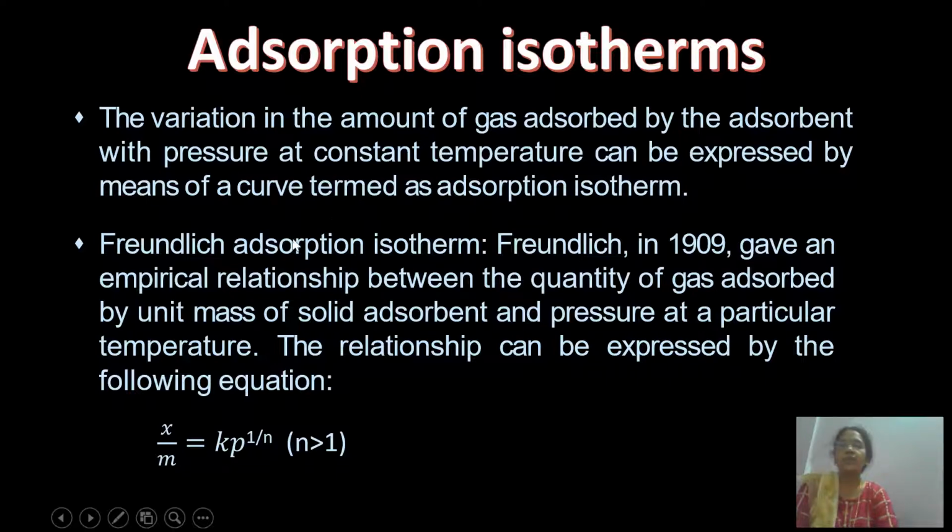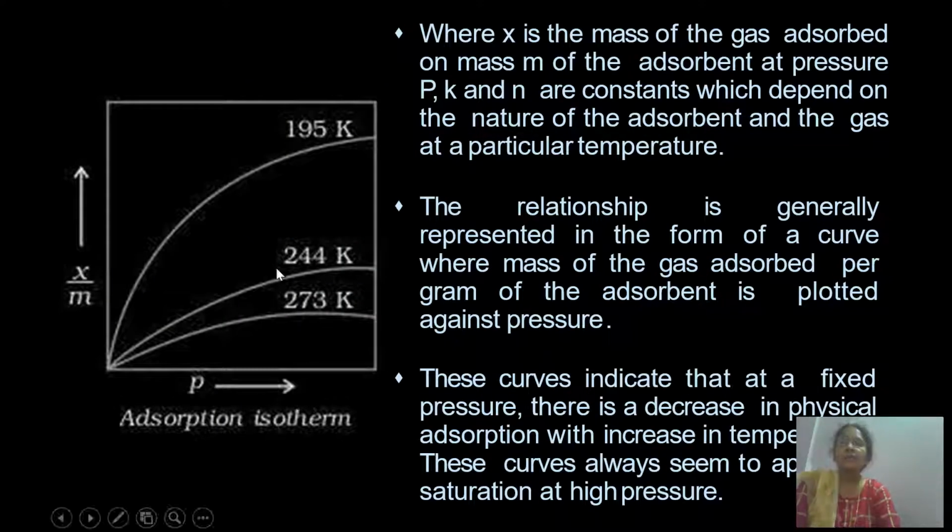The Freundlich adsorption isotherm gives the relationship between the quantity of gas adsorbed by unit mass of the solid adsorbent and pressure at a particular temperature, and that can be represented by the formula x by m is equal to kp^(1/n), where the value of n is greater than 1, where x is the mass of the gas adsorbed, m is the mass of adsorbent, p is the pressure, and the relationship is generally represented in the form of this graph.